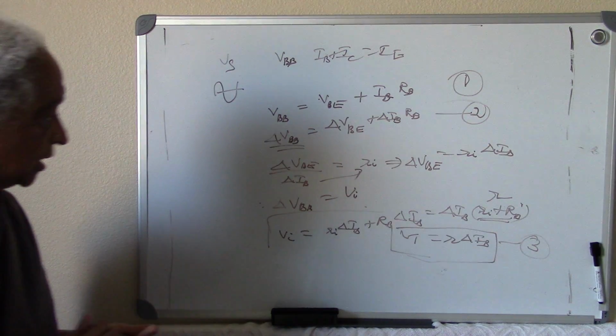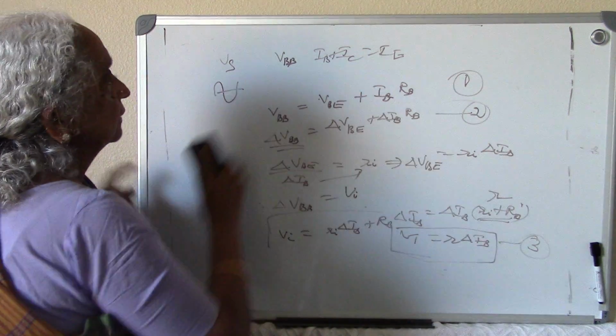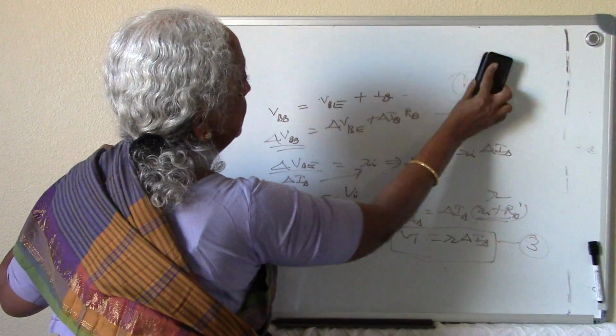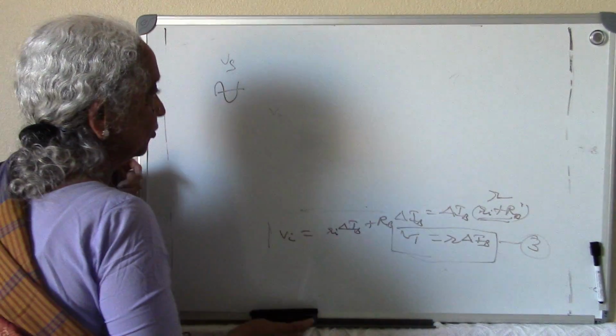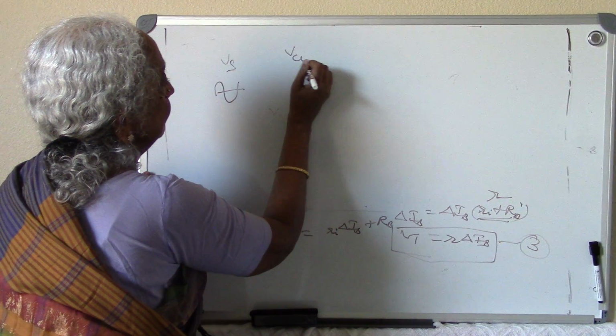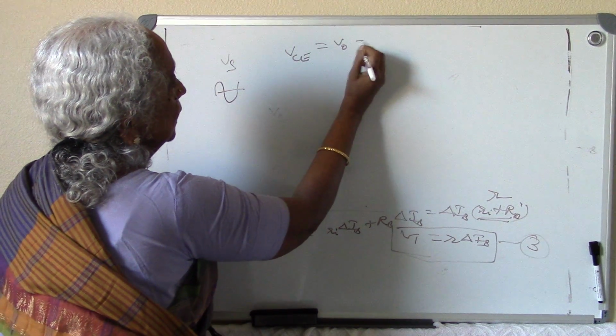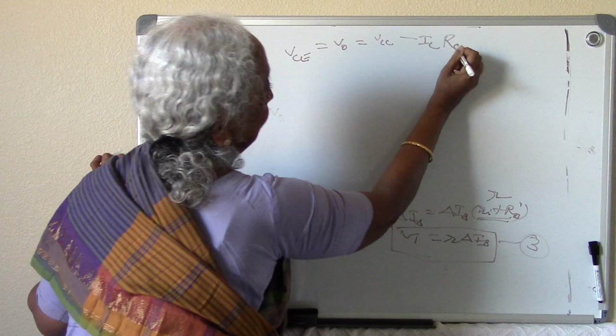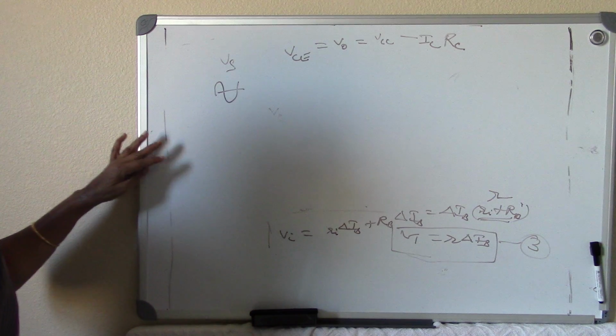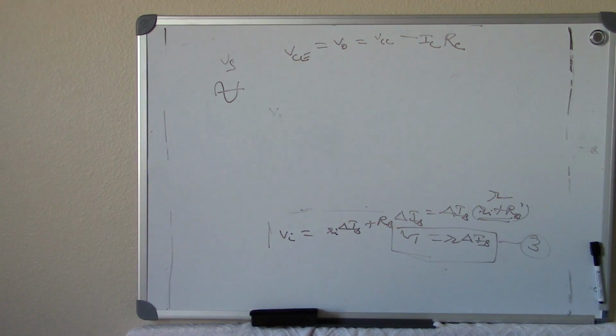Now coming to the output side, you have VCE equal to VO equal to VCC minus IC times RC, as earlier also we have seen.